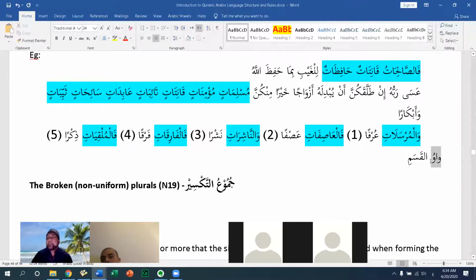Because now we say the name, right? We spell out waw. We don't say just the waw. Waw al-qasami. This is the waw of swearing.